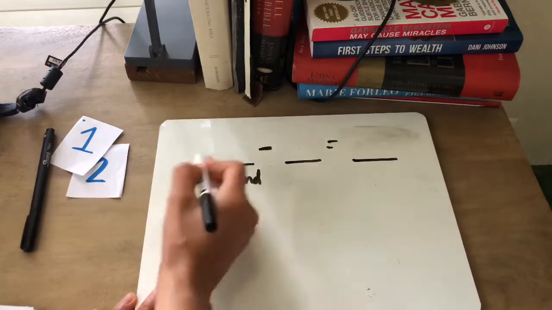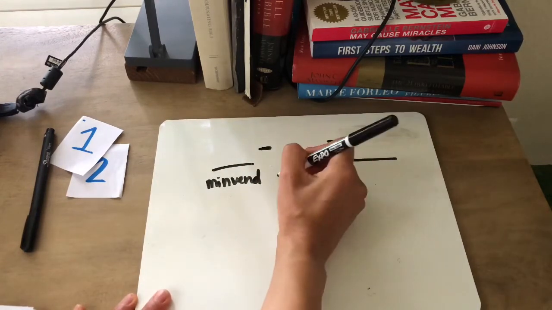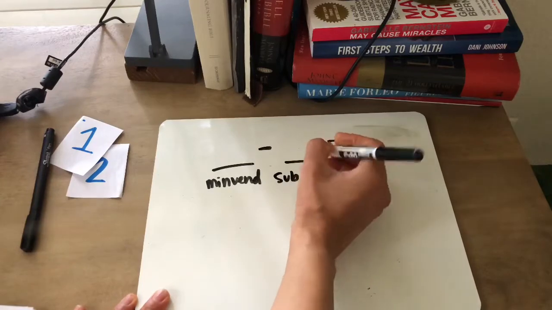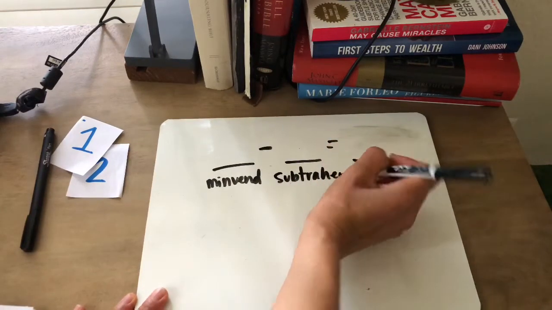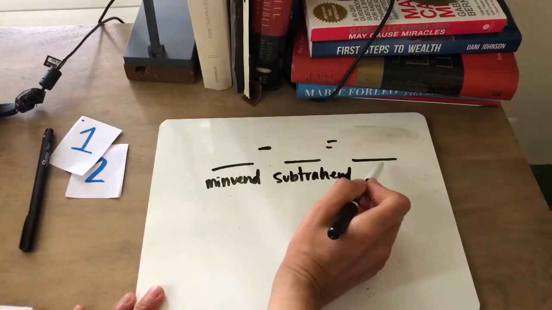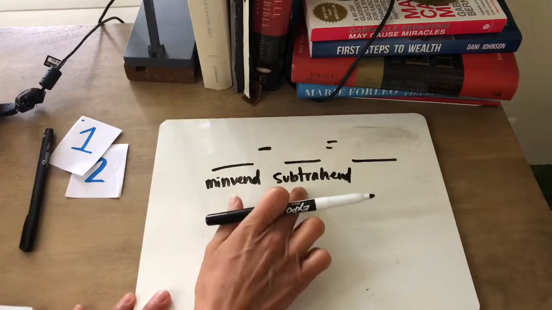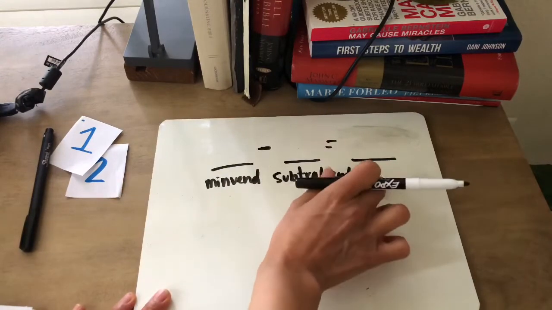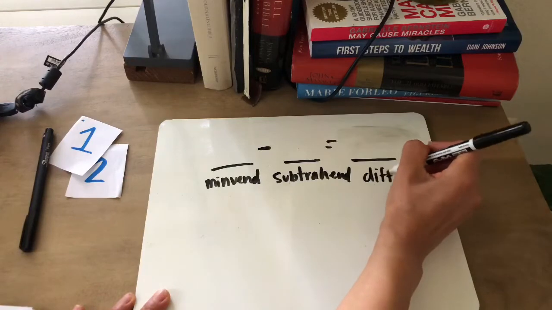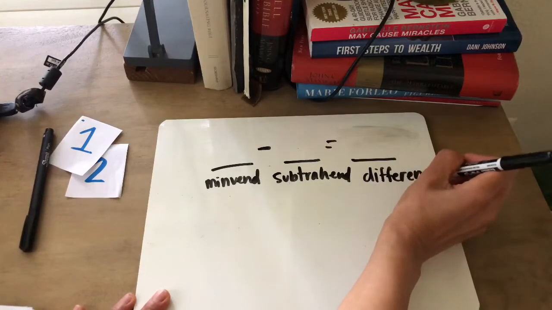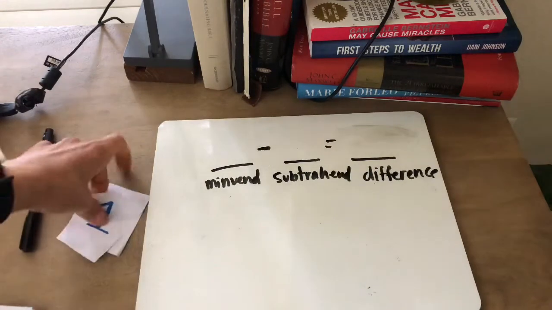So we have a whole and we take away a part. And that part is called a subtrahend. And our answer, right? We have a whole, we take away a part, and we're left with the other part. So the other part is called the difference.